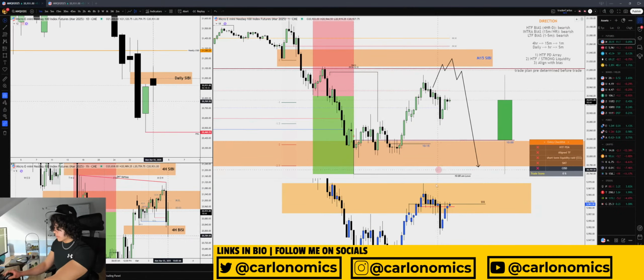Do we have SMTs at the lows? NQ took out the 10:25 low. ES also took that one. What about this low? Okay, so we have SMTs at these lows down here, and NQ as well.